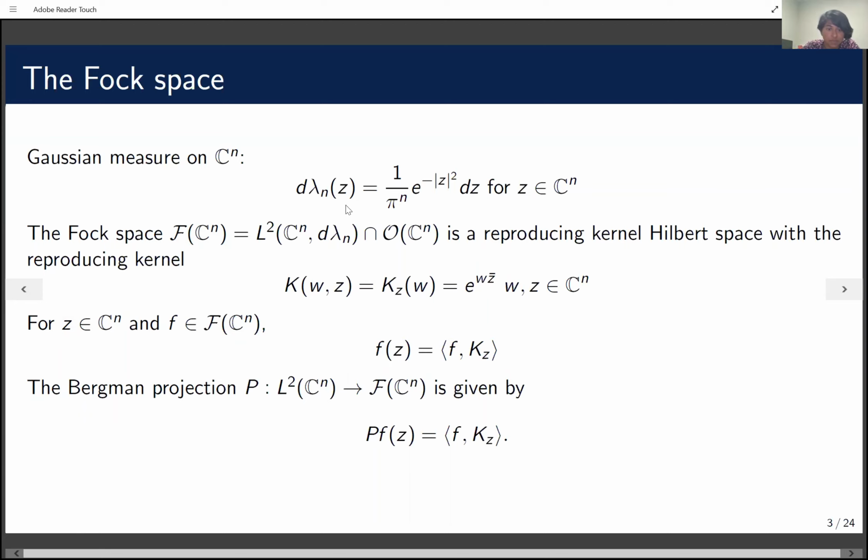Now, the Fock space is a closed subspace of the L2 space, so we have the projection, and we call it the Bergman projection. It's defined by P f evaluated at z equal to the same inner product.